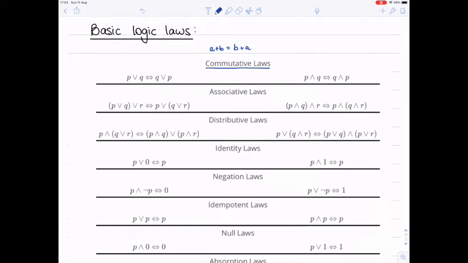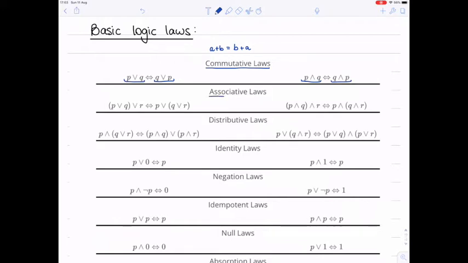And what we have over here is that you can say P or Q, or you can say Q or P. It doesn't matter which order you put them in. And the same goes for ordering and. So P and Q is exactly the same as saying Q and P.